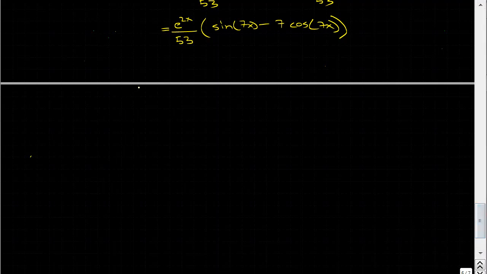For instance, we started out with the equation e to the 2x times sine 7x dx. That was our original integral. However, this 7x is completely arbitrary. It's a constant. Why don't we just call that, instead of 7, we'll call that bx.